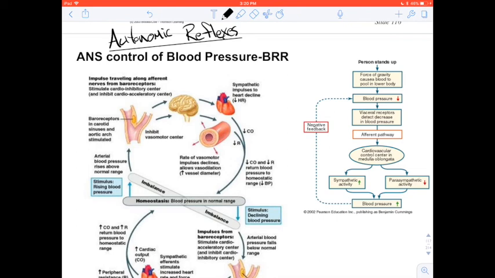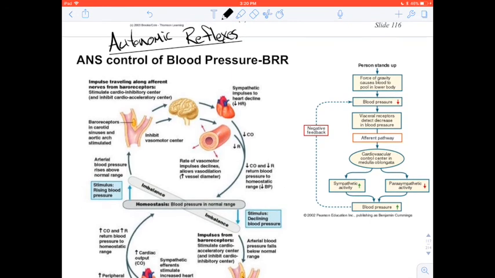These are autonomic reflexes. These are reflexes that you are completely unaware of. And so one of the most important ones that we can talk about is going to be this baroreceptor reflex, right? Which is going to have to do with maintaining a proper blood pressure. And we've all experienced this. Maybe this morning, whenever you got out of bed. You jumped out of bed too fast, and what happened?